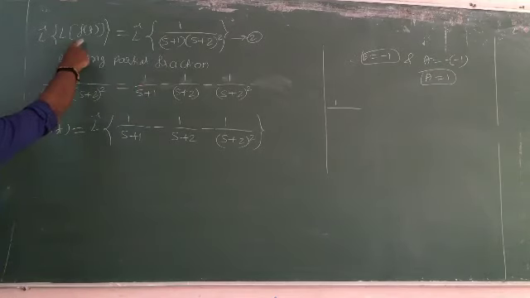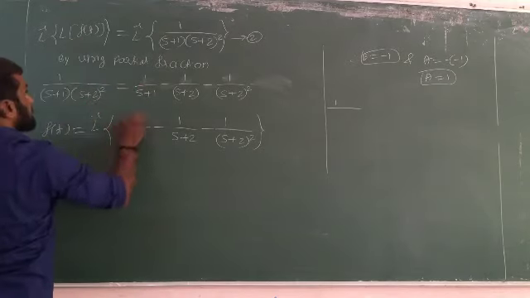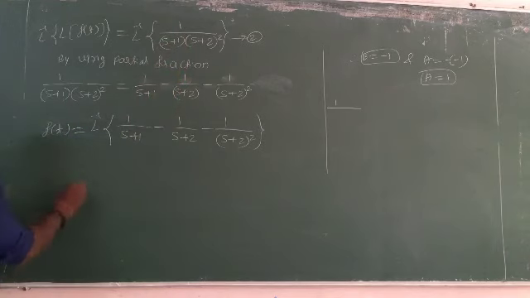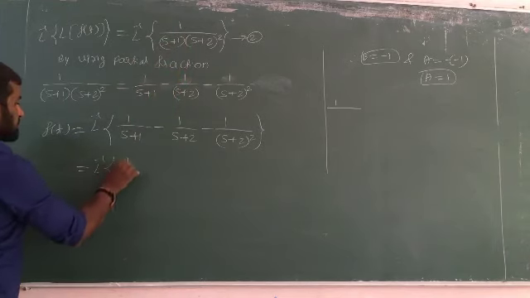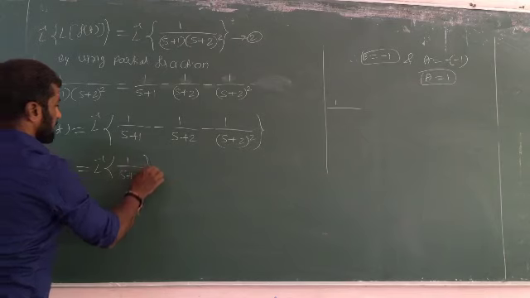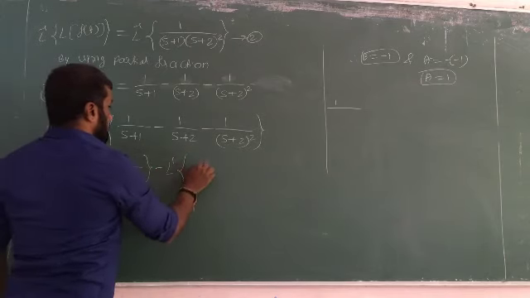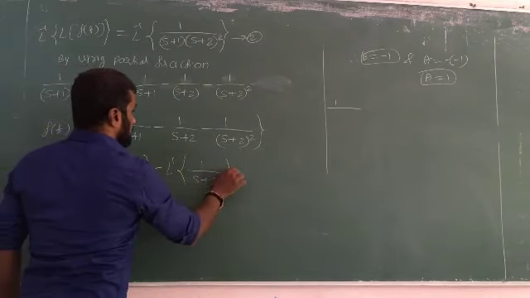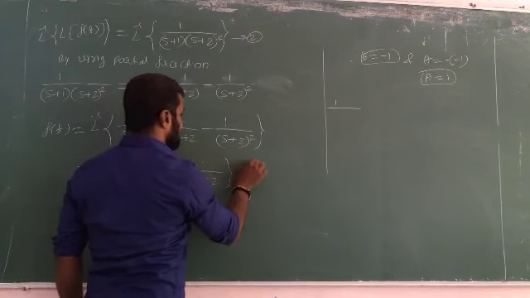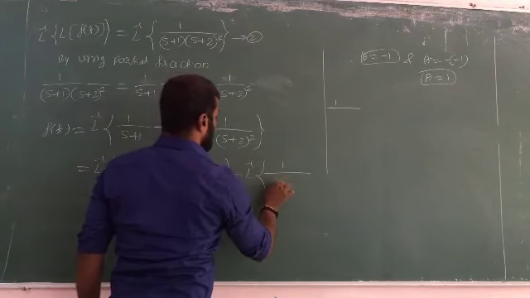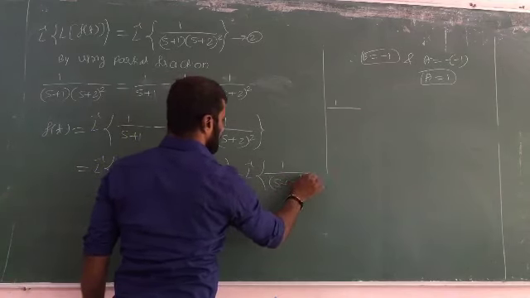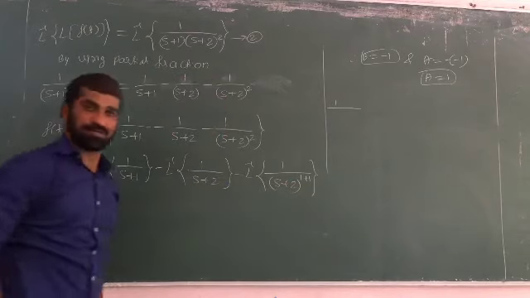So L inverse of L of f of t gives f of t, which equals L inverse. Substituting there, it finishes. Now apply the formula: L inverse of 1 divided by s plus 1, minus L inverse of 1 divided by s plus 2, minus L inverse of 1 divided by (s plus 2) whole square.